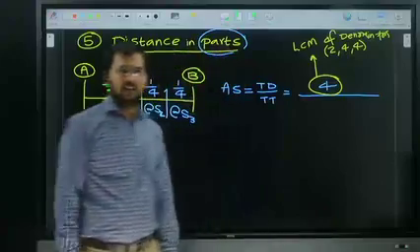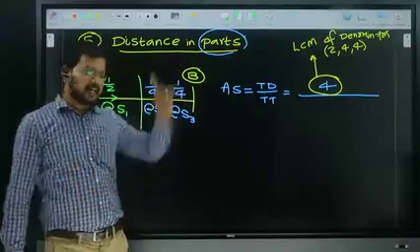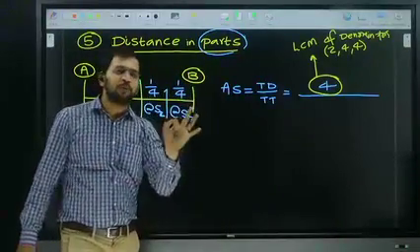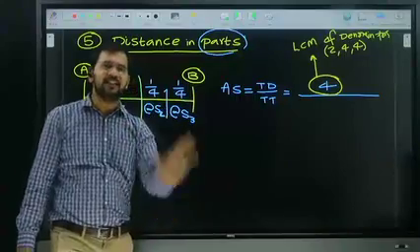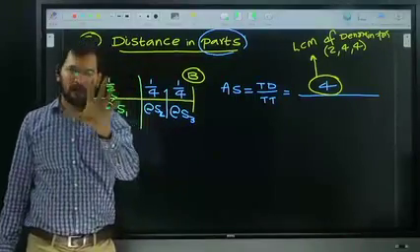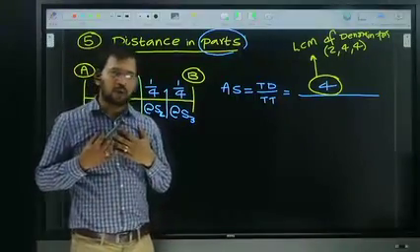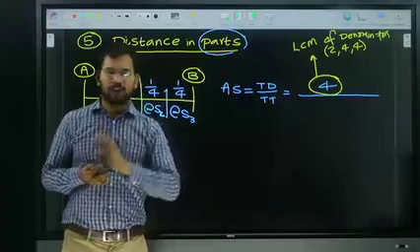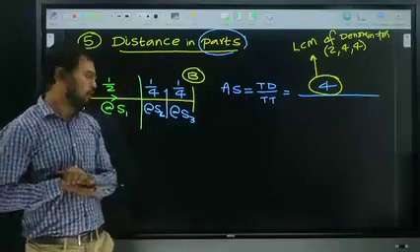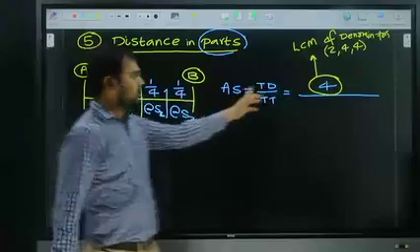All of you clear? Whenever they give distance in terms of parts, assume the total distance is the LCM of the denominators. Therefore, I assume the total distance as 4 kilometers.